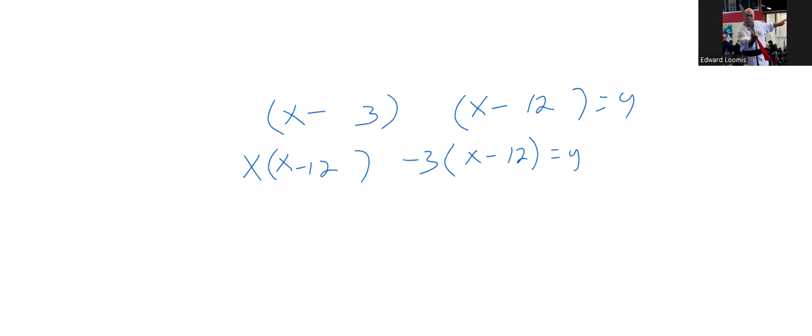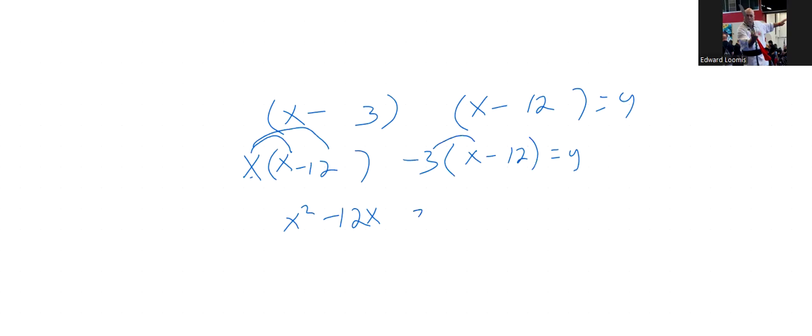Now, to get rid of the parentheses, we're going to distribute. x times x gives me my x squared. X times 12 is 12x. Positive times negative makes that 12x negative. 3 times x is 3x.